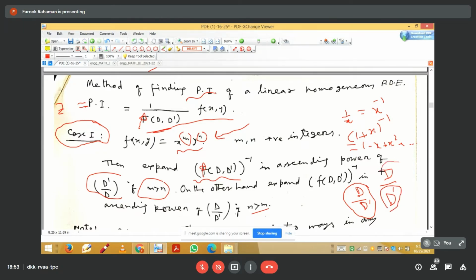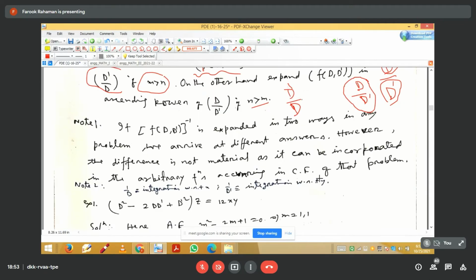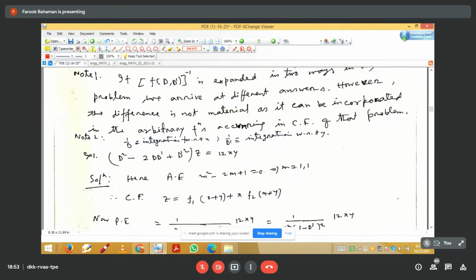Similarly, if the form is d dash by d, the d dash means differentiation with respect to y, and 1 by d means integration with respect to x. You just remember this one. Now you just expand up to 2 or 3 terms, then one will get the corresponding results.